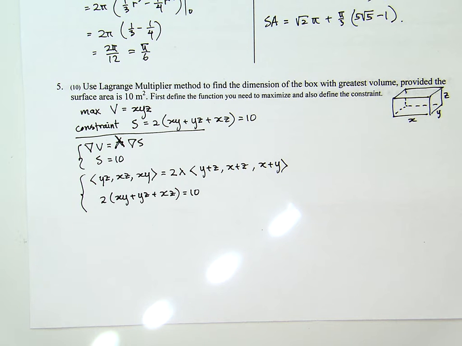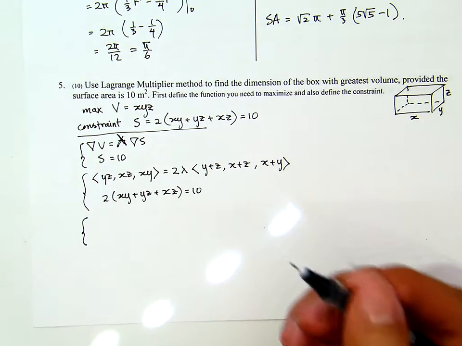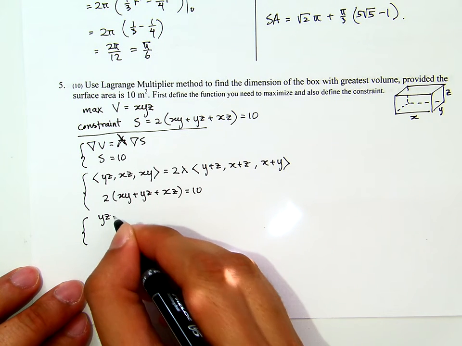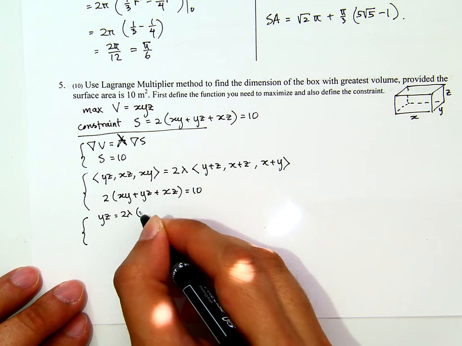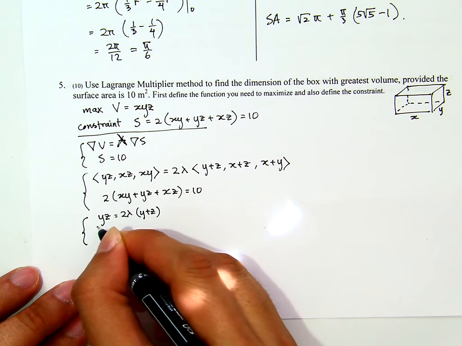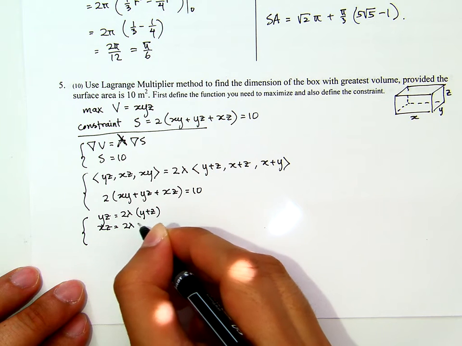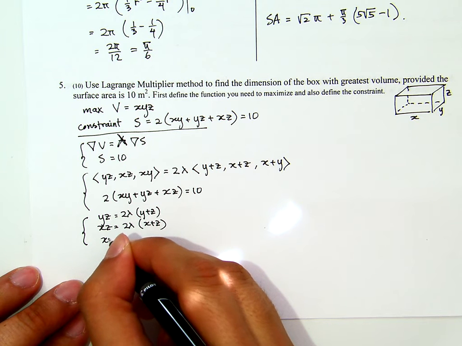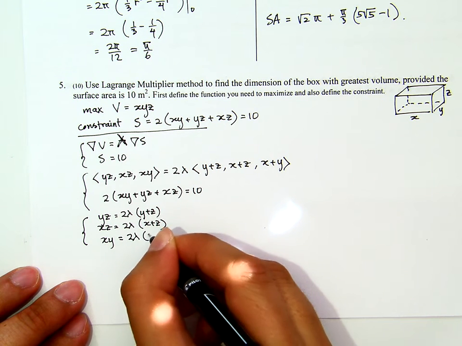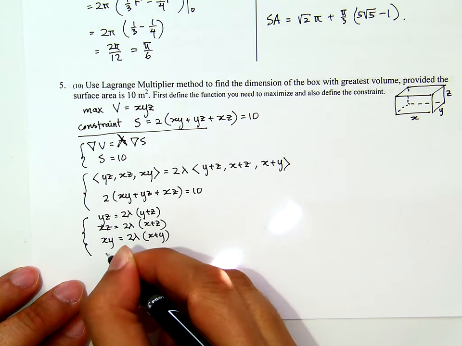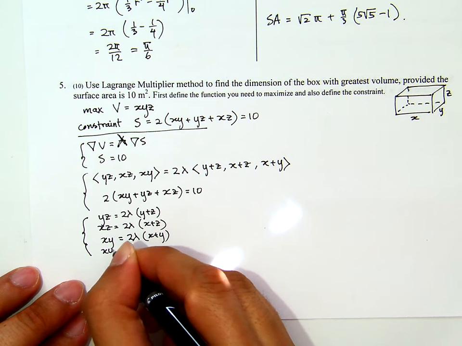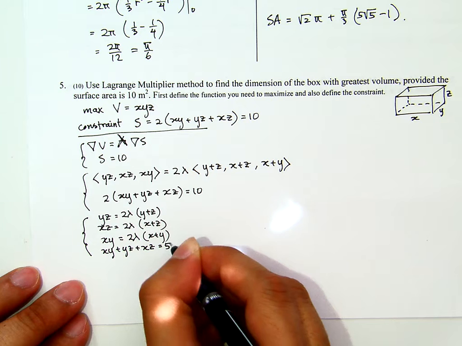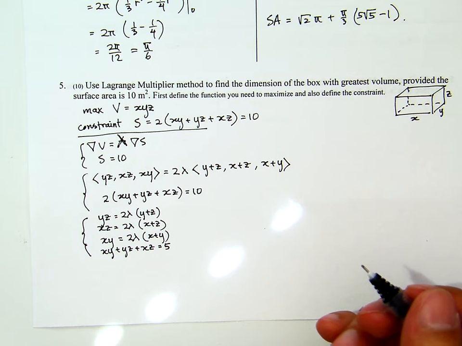Now on the top, let me break it up. yz equals 2 lambda (y plus z), and xz equals 2 lambda (x plus z), and xy equals 2 lambda (x plus y), and finally xy plus yz plus xz equals 5.